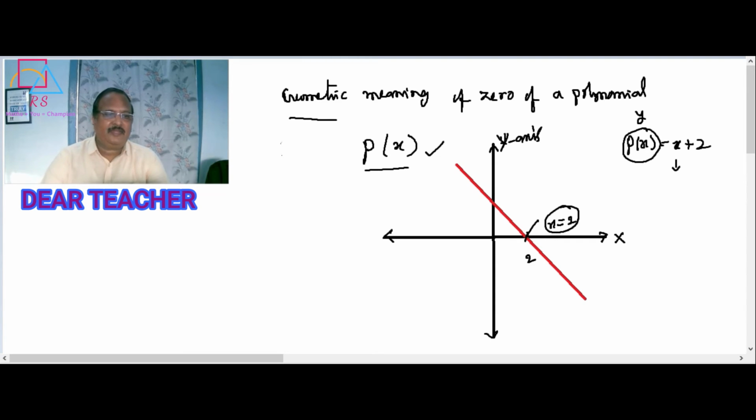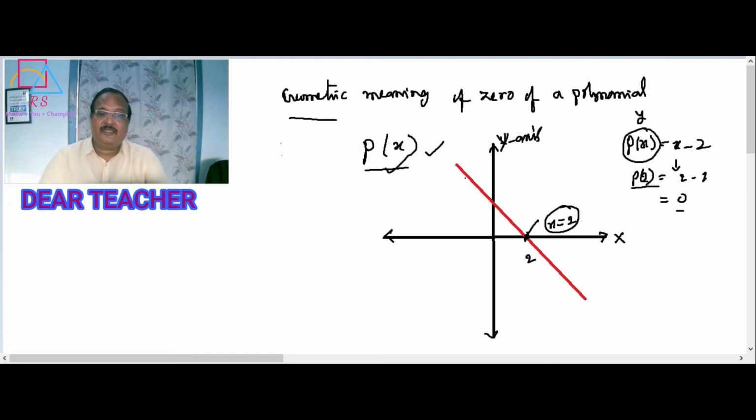Let us take p(x) is equal to x minus 2. Now you put x is equal to 2. Then 2 minus 2 is equal to 0. So that means p(2) is equal to 0. So this point is the zero of the polynomial.